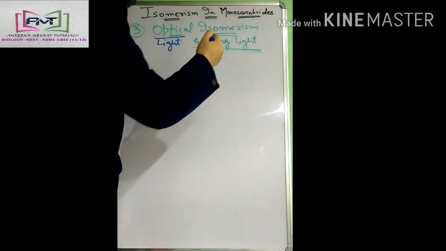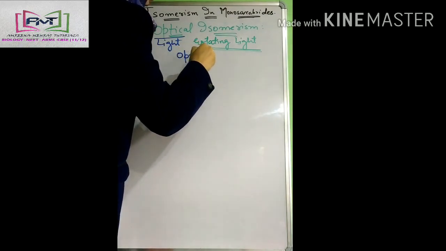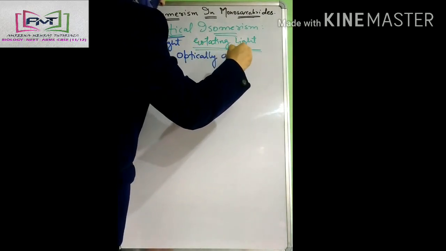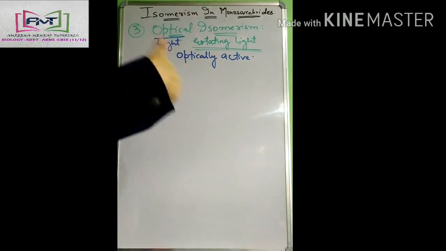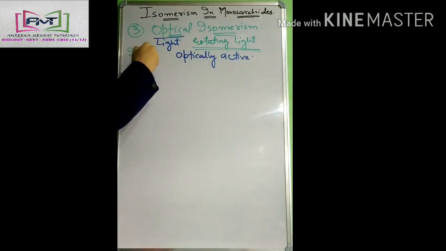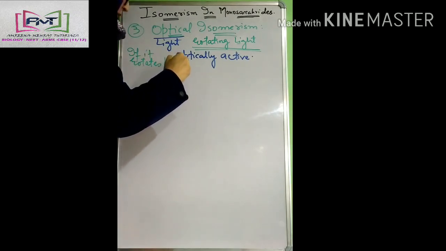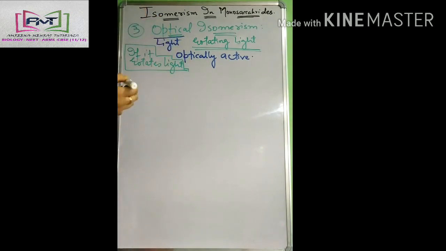So whether your monosaccharide is capable of rotating light or not. Accordingly, you can say your monosaccharide is optically active. When will you use this term optically active? If your monosaccharide, your sugar, is capable of rotating light.